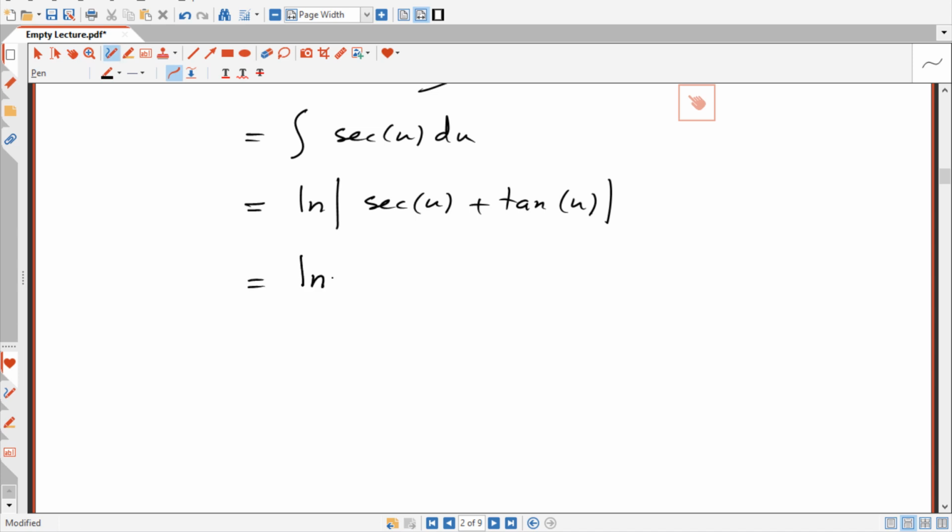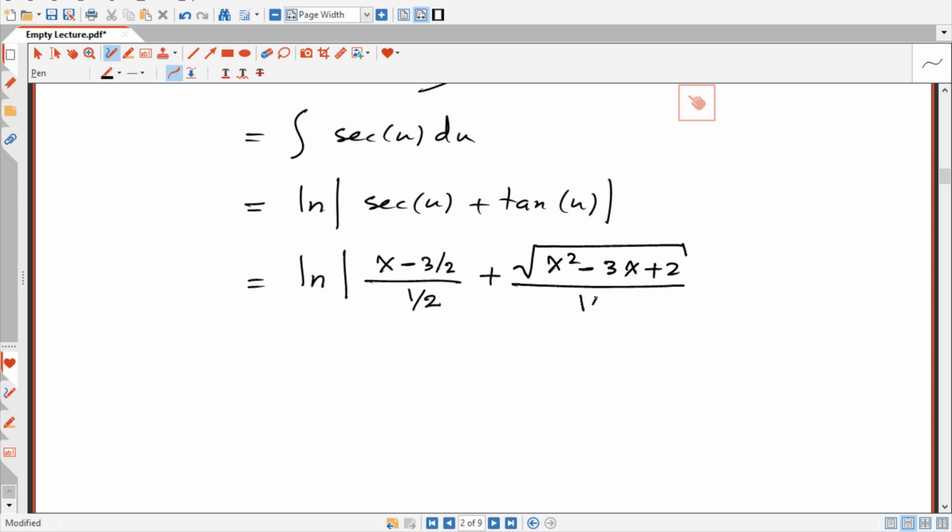So this is equal to ln of x minus 3 by 2 divided by the adjacent, which is 1/2, plus tan u, which is the opposite over the adjacent, the square root of x squared minus 3x plus 2 divided by 1/2, evaluated from 0 to 1.